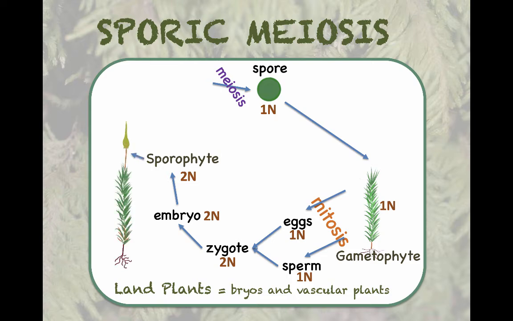And what does that look like? So here's a young sporophyte developing here, and you'll notice that it's stuck on the top of this gametophyte. So the archegonia, remember those are the structures that have the eggs in them, are attached to the female plant, and the zygote remains there, the embryo remains there. The sporophyte is dependent on the gametophyte.